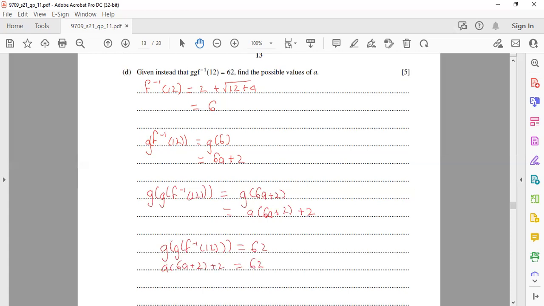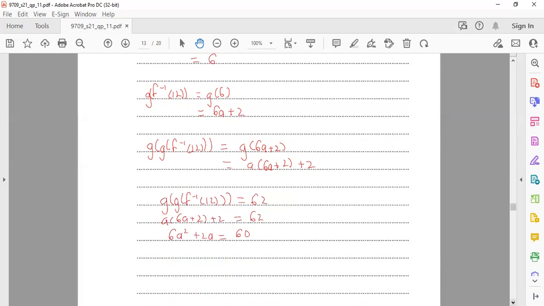We can expand and send the 2 on the other side. So that would be 6a squared plus 2a is equal to 60. 6a squared plus 2a minus 60 is equal to 0. We can divide by 2.